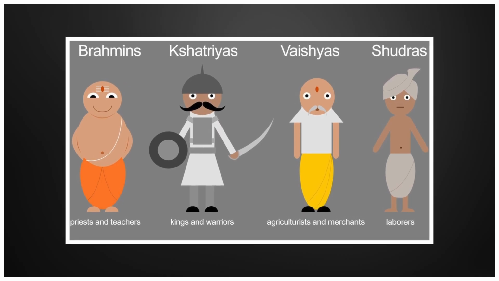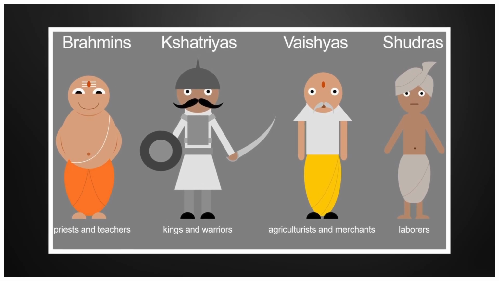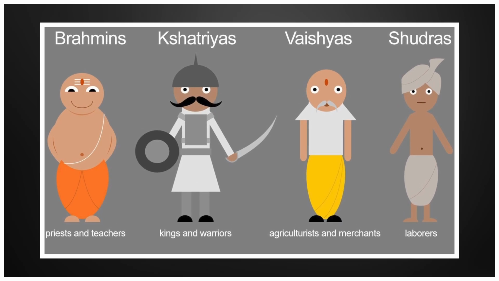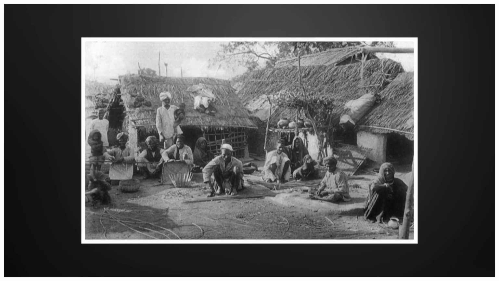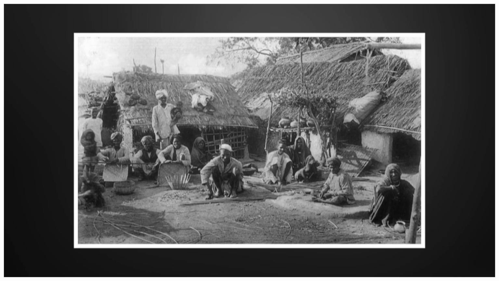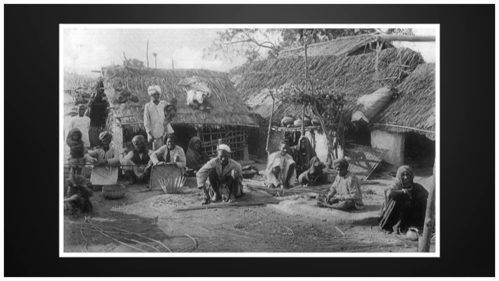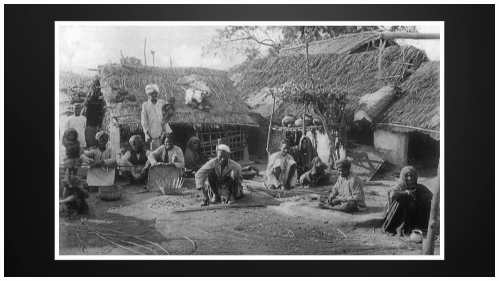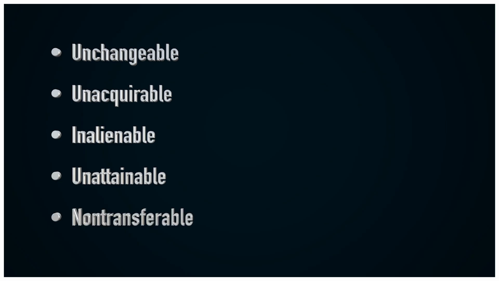The status of an individual is determined by his birth and not by selection nor by accomplishments. No amount of power, prestige and wealth can change the position of a man. The membership of the caste is hence unchangeable, unacquirable, inalienable, unattainable and non-transferable.